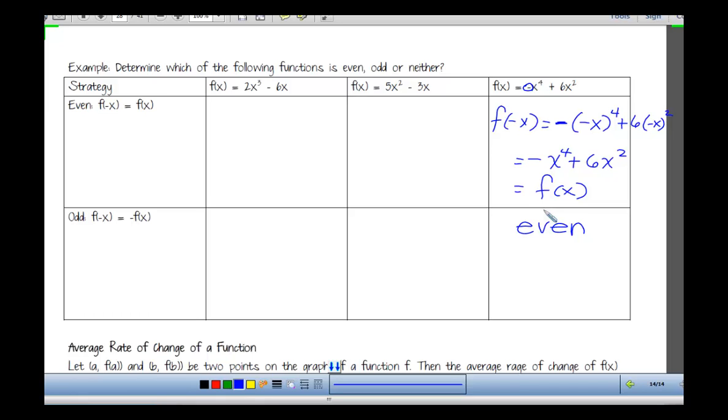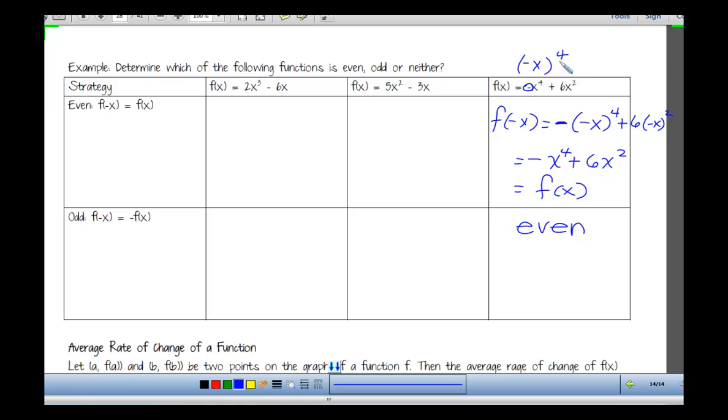Questions about that? Don't just go away. Which ones? This one out front right here? That one wasn't raised to a power. It's a negative, and then we had x to the 4th. That's different from negative x to the 4th. If the 4th had been on the negative and the x, then the negative would go away.